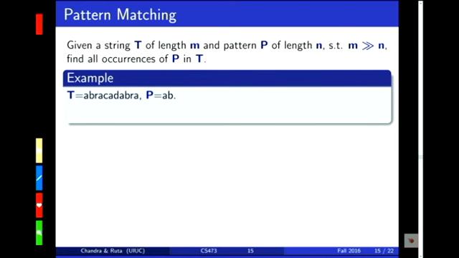Here we have AB starting at the first position, and then we have AB here, at 1, 2, 3, 4, 5, 6, 7, 8. So the output should be 1, 8, and then there is no more. So the question is clear. We want the positions of all occurrences of P in T.